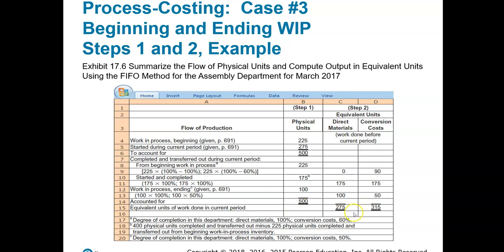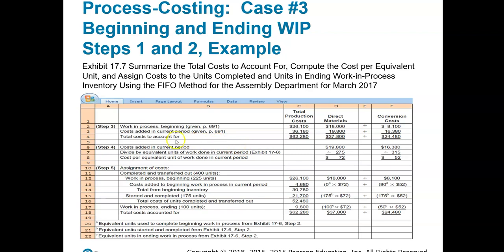Now let's move on to steps 3, 4, and 5. We're going to compute our beginning work in process. Remember, that was given to us. That was the amount carried over from the last period. We're going to add in the costs added during the current period from the production report, so we have our total cost to account for. However, under first in, first out, remember, I'm only focused on the costs added in the current period and the work done in the current period.